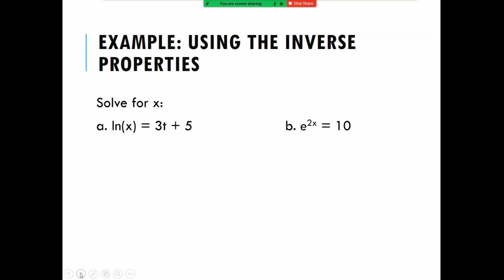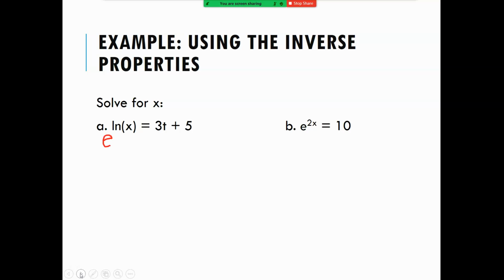So we're going to use our inverse properties to solve. The first one is the natural log of x equals 3t plus 5. We want to isolate x. So to isolate x, you have to use the inverse properties to get the natural log gone.